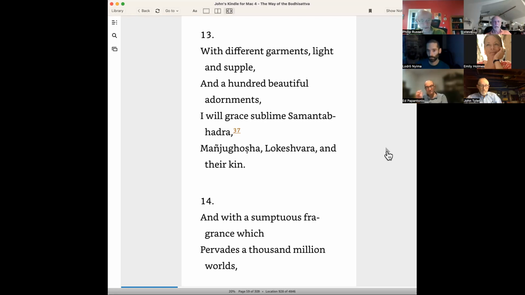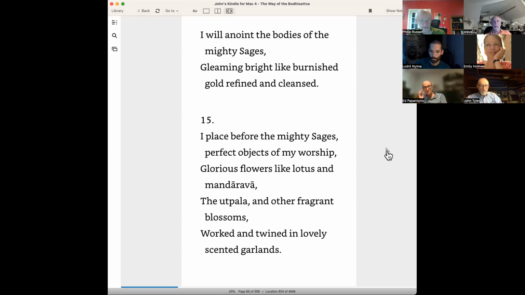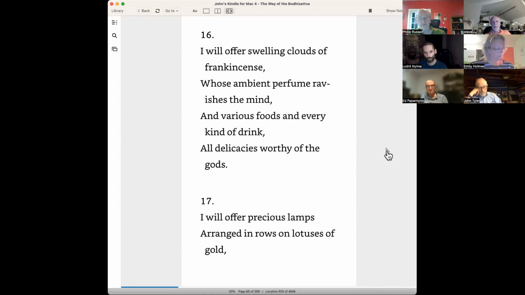And with a sumptuous fragrance which pervades 1,000 million worlds, I will anoint the bodies of the mighty sages, gleaming bright like burnished gold, refined and cleansed. I place before the mighty sages perfect objects of my worship, glorious flowers like lotus and mandarava, the utpala and other fragrant blossoms, worked and twined in lovely scented garlands. I will offer swelling clouds of frankincense, whose ambient perfume ravishes the mind, and various foods and every kind of drink, all delicacies worthy of the gods.